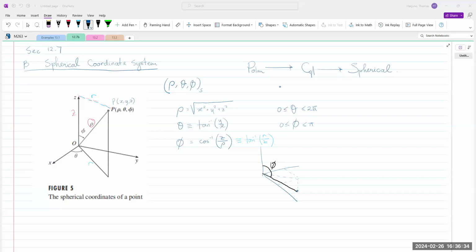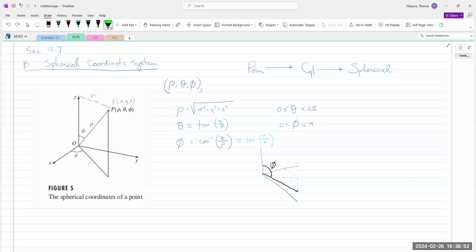Now, what is rho? Rho is the distance from the origin to that coordinate. This is rho here. So if we have a point P in space, then rho is the direct distance from the origin to that point.